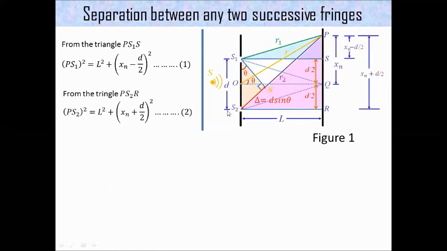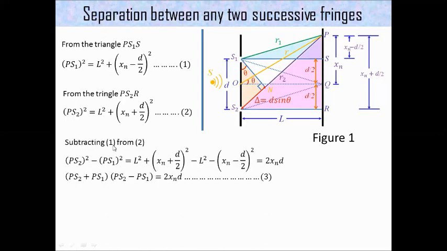From triangle PS2R, one can write PS2 square equal to L square plus xn plus d divided by 2 whole square, since S2R equal to L and PR equal to xn plus d divided by 2.